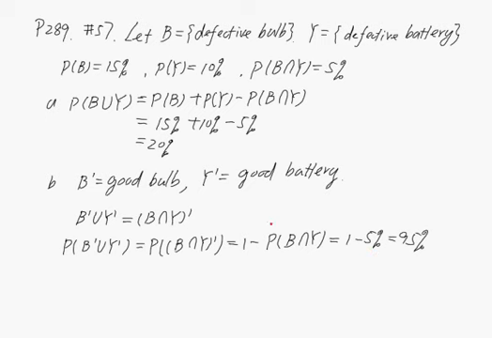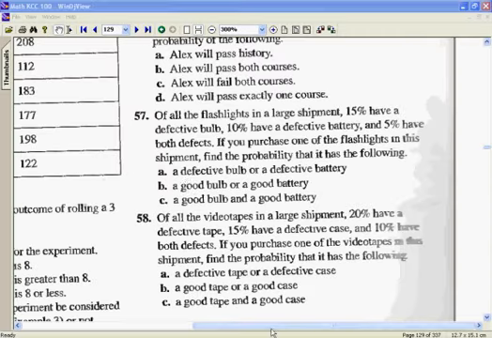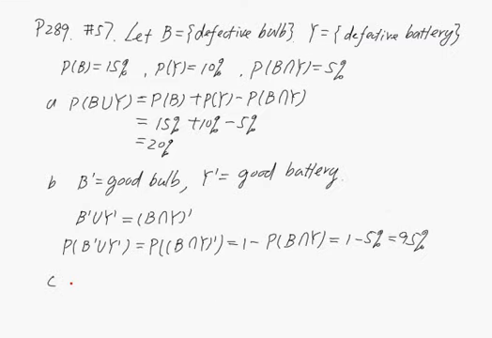Right? So this is part B. Now let's look at part C. A good bulb and a good battery. And means the intersection, right? So this time, we try to find the probability of B prime intersection Y prime.